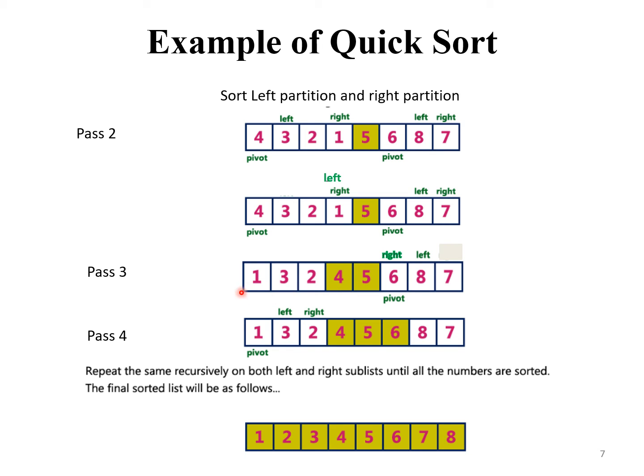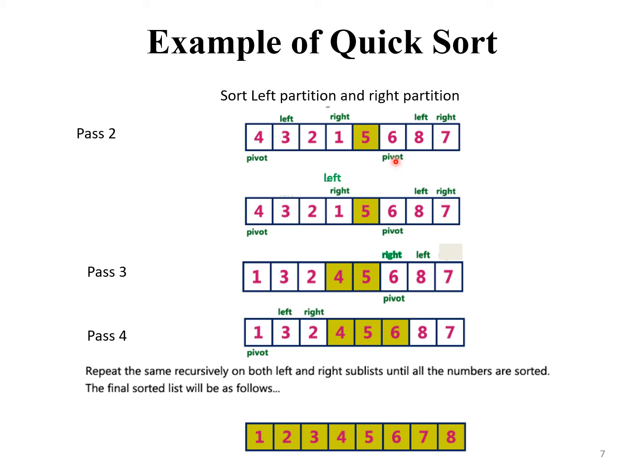So we repeat this process on 1, 3 and 2. Now 1 is the pivot element and we will check it with these two elements. Then on the right side we check whether left is less than or equal to pivot.